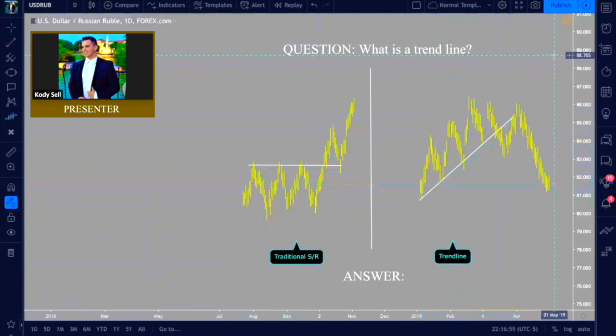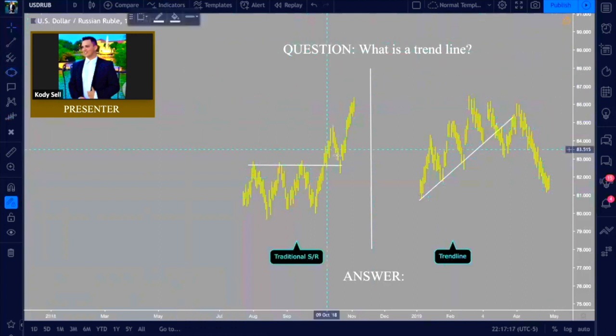So if you think about what just happened, they're essentially the exact same thing. Horizontal support and resistance and trend lines function in the exact same way. It's just that trend lines are diagonal. They are angled. They are not perfectly horizontal.